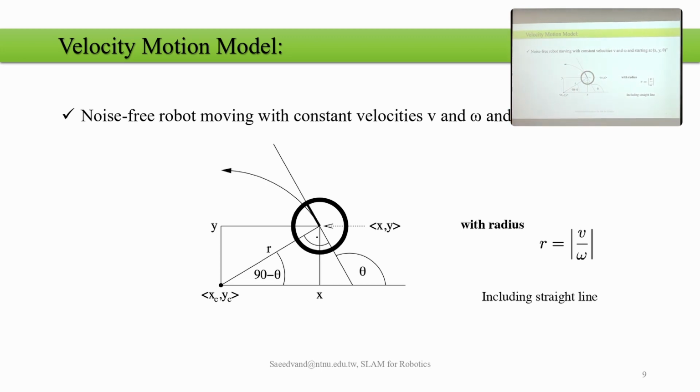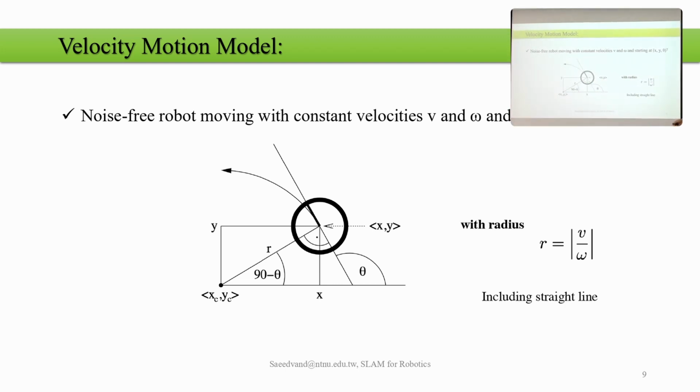What does it mean? It means that if we have v and w, the velocity of moving forward, translation, and rotation, two parameters, two values, then based on those two values I need to somehow find where this circle is, and estimate where the robot is moving, and say, okay, the robot will be here, for example, here, there, here.